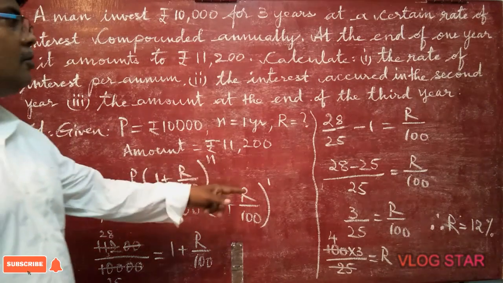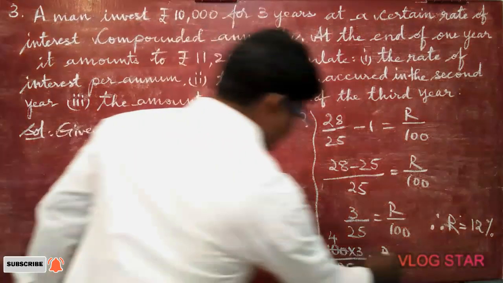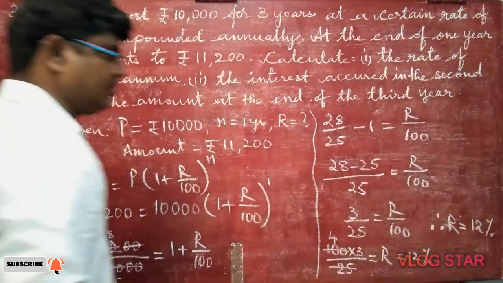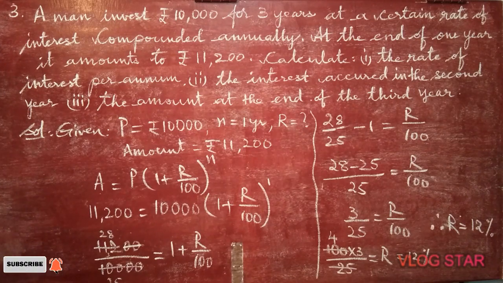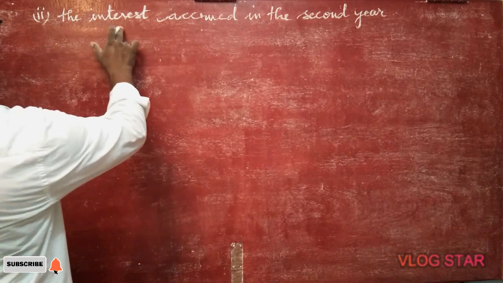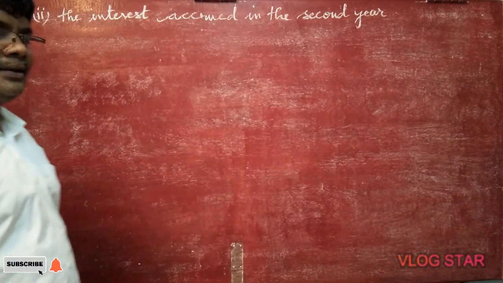Able to follow? We did not complete the whole problem. Only the first bit we completed. R we got 12%. 4 3s are 12%. Therefore R is equal to 12%. Now the second bit. They are asking to find interest at the end of the second year.